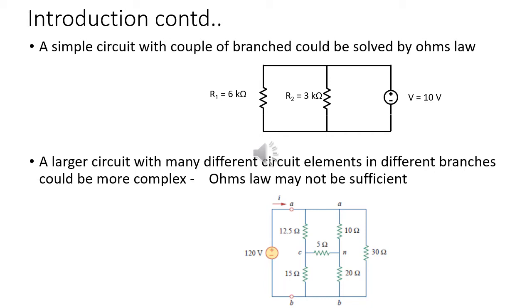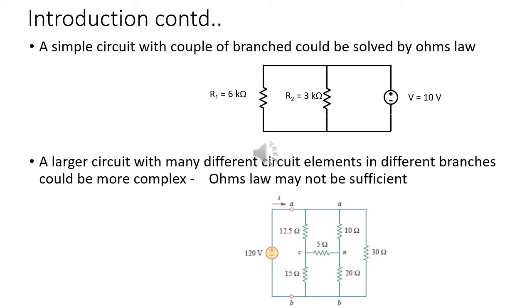So we can find the currents flowing through the 6 kilo ohm resistor as well as the 3 kilo ohm resistor in this case. This is quite easy. A back of the envelope kind of calculation is sufficient, right?